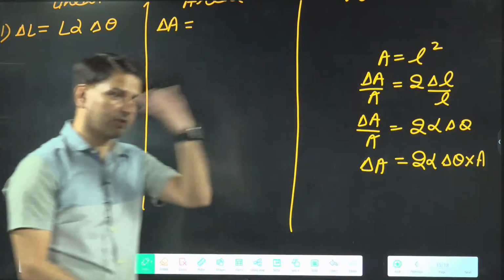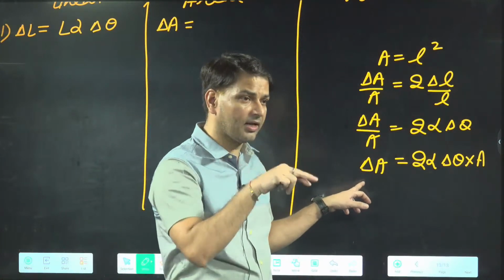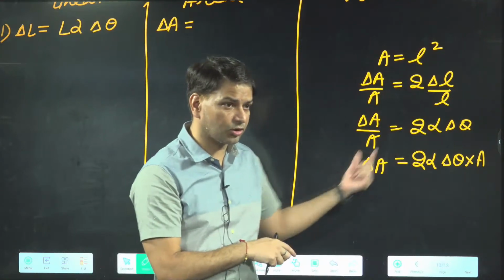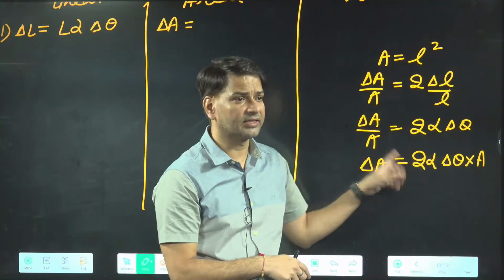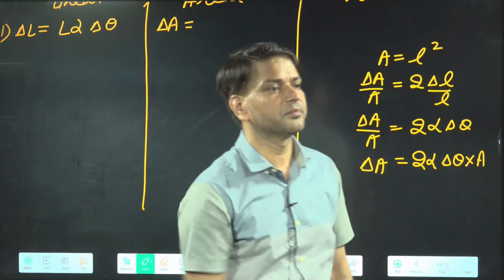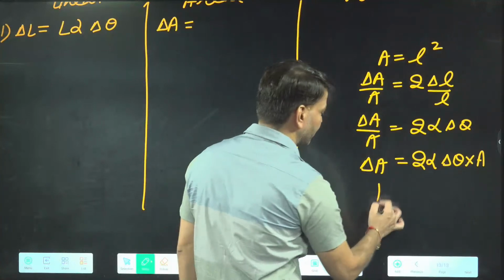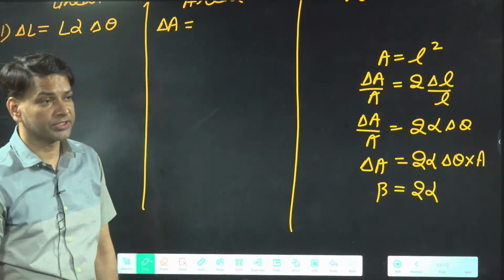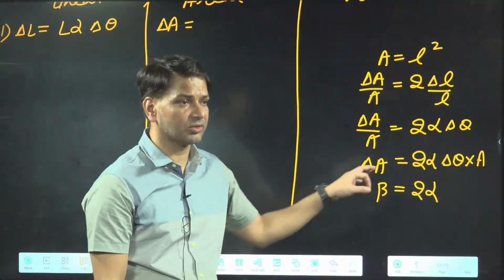Now if you compare with the linear expansion, delta L was L alpha delta theta. Here I am getting delta A equal to A delta theta, but in place of alpha I am getting 2 alpha. That 2 alpha we take as the coefficient of areal expansion, which we represent by beta. So beta is 2 alpha, and beta is the coefficient of areal expansion. So remember that beta is equal to 2 alpha.